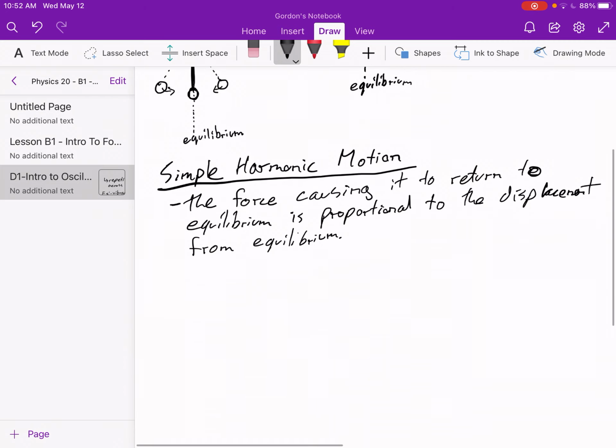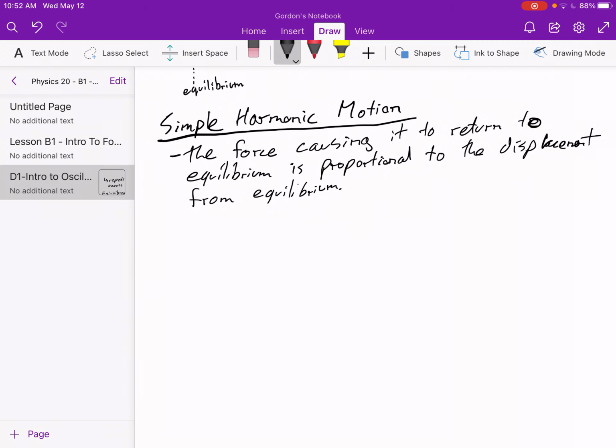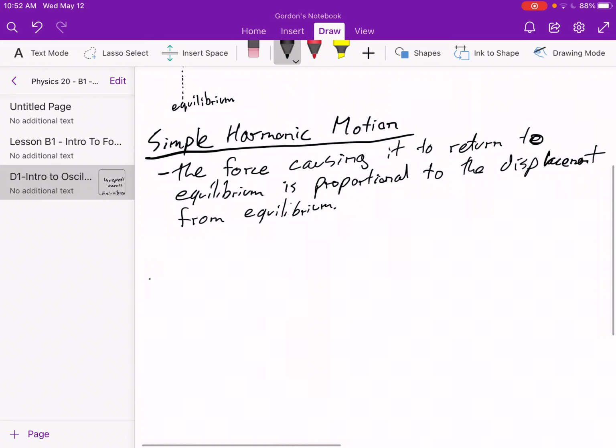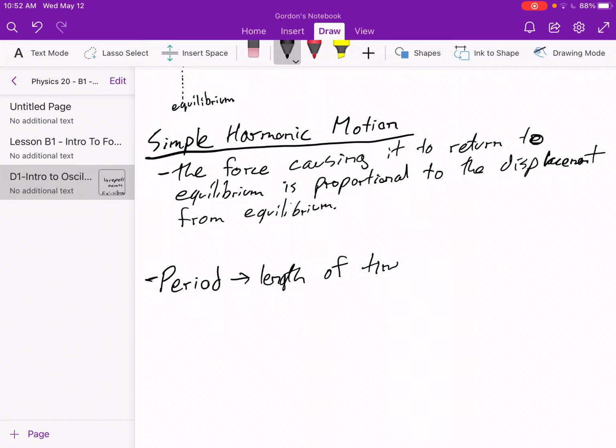Sorry, one other thing I wanted to mention just before we get into this, just a reminder: we said that oscillatory motion is something that is repetitive. So really that means that it has a period. A period is the length of time for one cycle. Period was capital T, and we measured that in seconds.